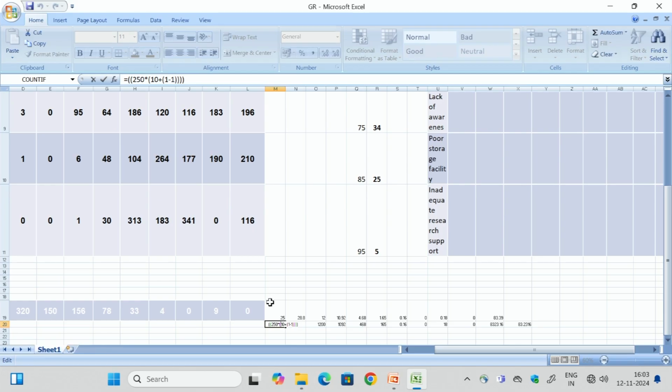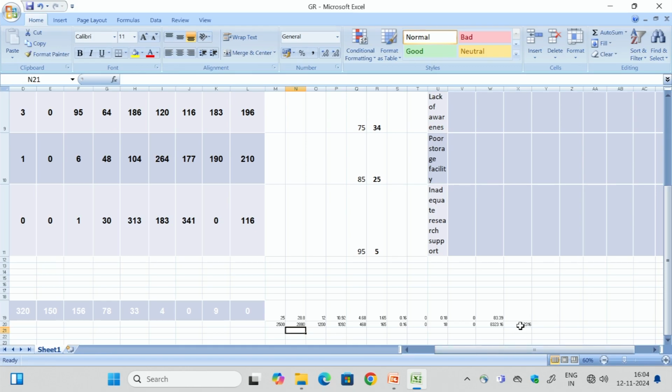In the similar way, in the next cell you multiply with the number of persons who gave the second rank, that is 320. So 320 into 10, because n is always the same; only the change is 1 minus 2, that is 1 minus i. That is why I put each in a separate bracket. If you calculate the first one and extend it, changing only the ith value, you can get the values for all the cells.